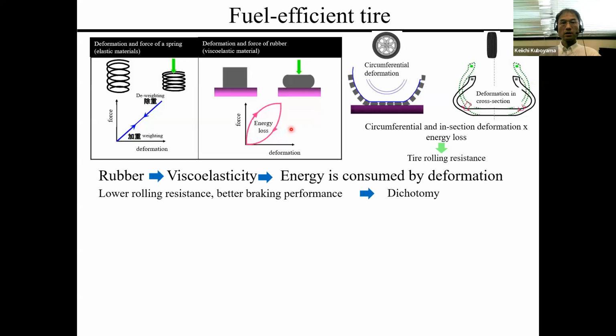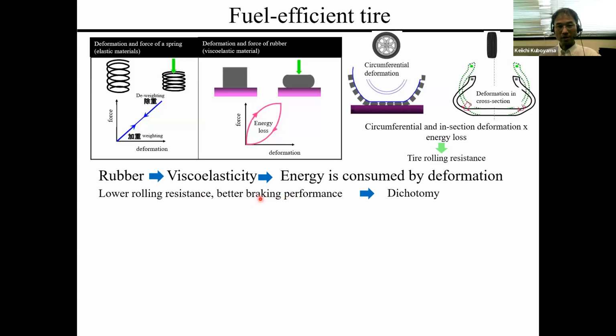So in the case of the automobile tire, it is important to reduce the energy loss. That is important for making a fuel efficient tire. In the case of the tire, lower rolling resistance is important, and better braking performance is also important.